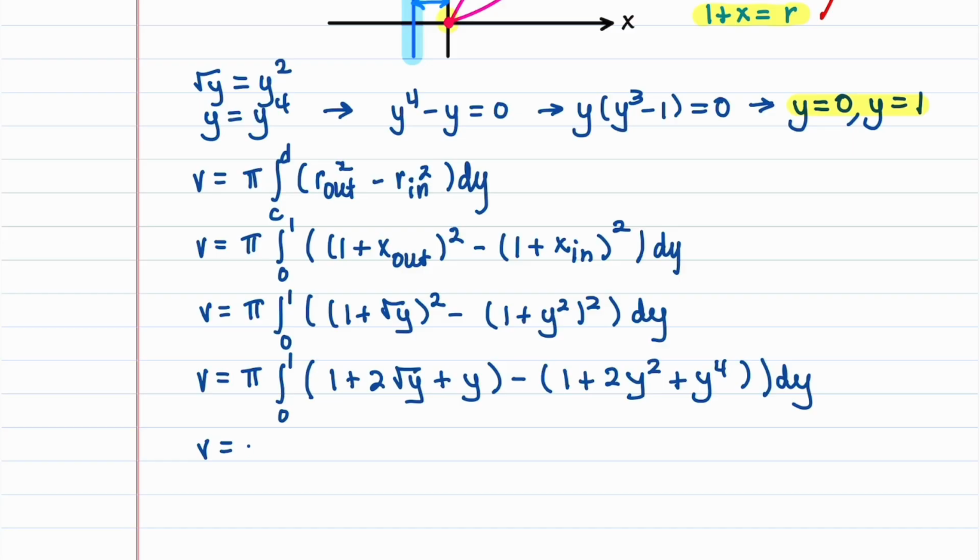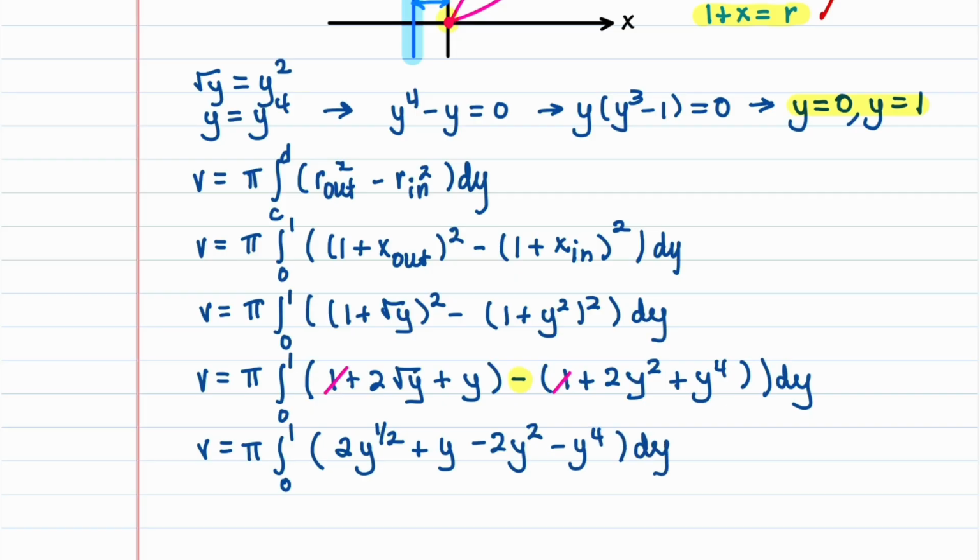Let's see if anything's going to combine or cancel. Our 1's are going to cancel. We have a 2 root y, and I'm going to write this as 2y to the 1/2, so it's easier to integrate. And then we have plus y minus 2y squared. Make sure to carry this negative through to both terms, minus y to the 4th dy.